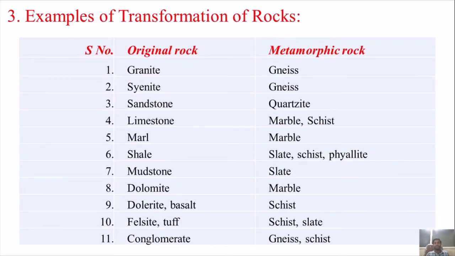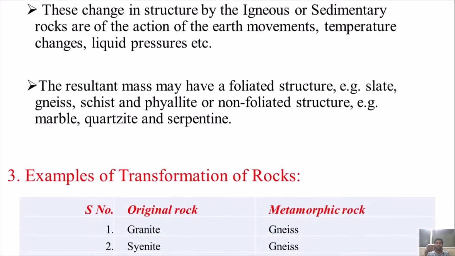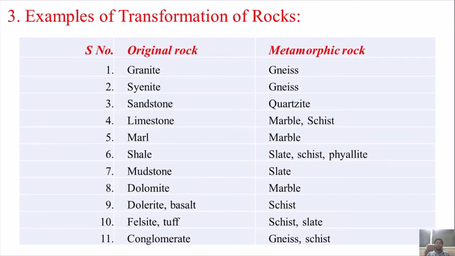This is an example of the transformation of the rocks from one form to another. Generally, what I told is that a metamorphic rock is formed either from igneous rock or from sedimentary rocks because of heat, pressure and water or any other earth movement, or liquid pressure, liquid movement.